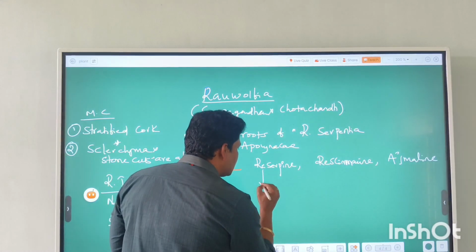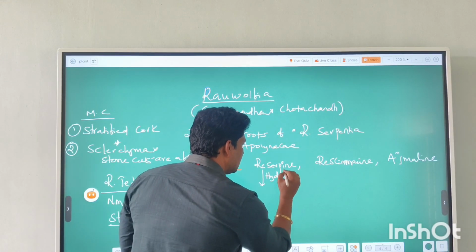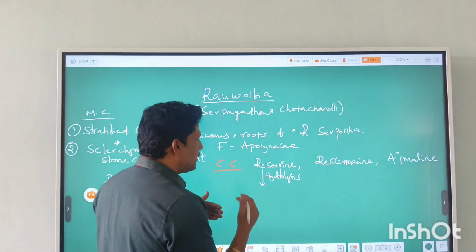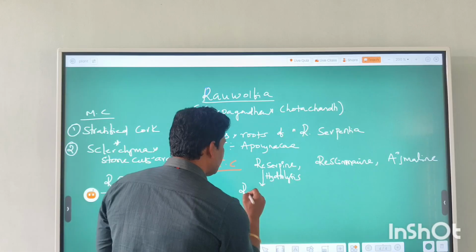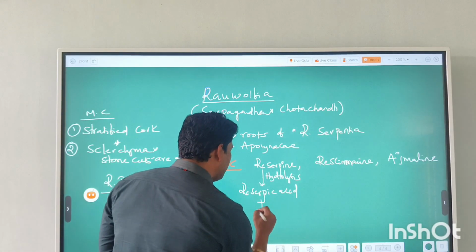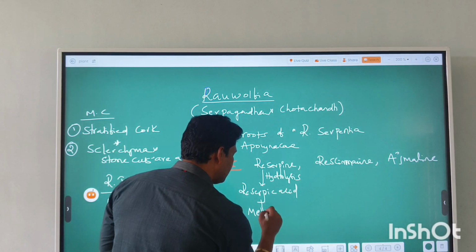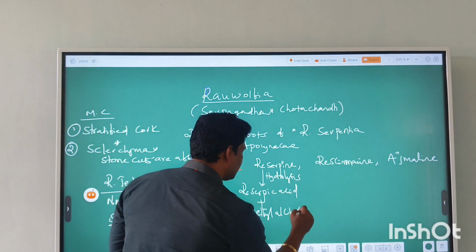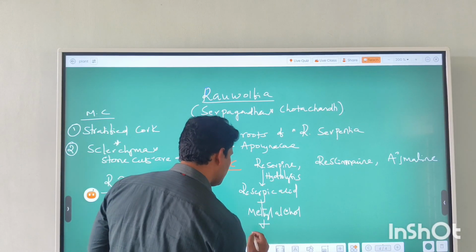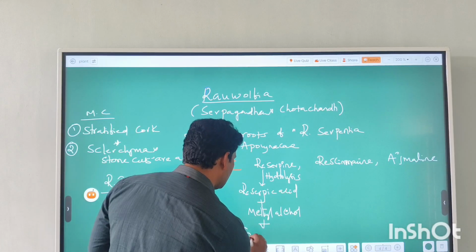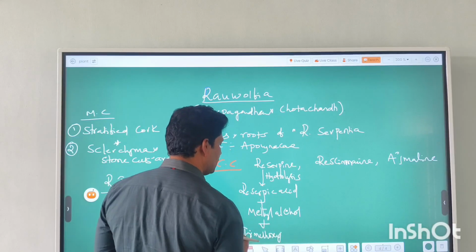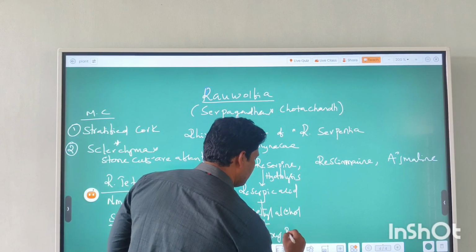The hydrolytic pathway of reserpine is very important. Reserpine on hydrolysis gives reserpic acid plus methyl alcohol and trimethoxybenzoic acid.